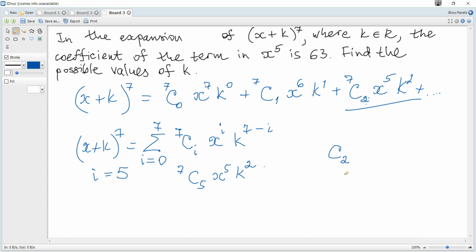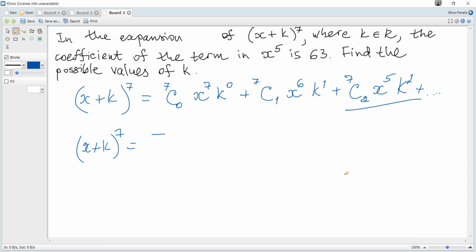So this coefficient, which is combination 2 out of 7, times k squared is 63, and we get an equation with respect to k, and we need just solve it.